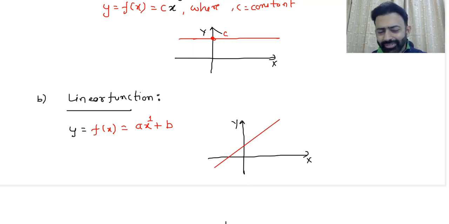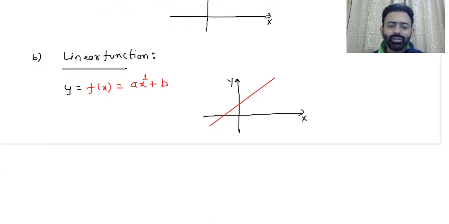Now since we are dealing with a linear function and I have spoken some term which is the slope, let us understand the slope also, which you have already done in your previous classes: the slope or the gradient of a linear function.